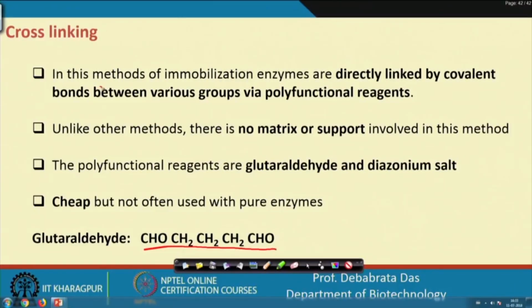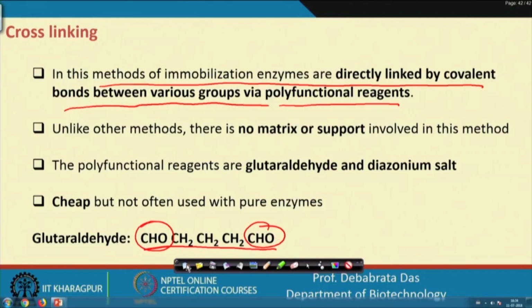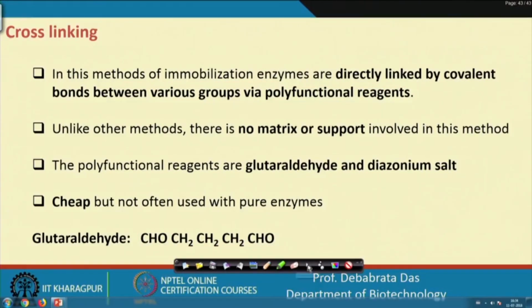In this method, the immobilized enzyme is directly linked with covalent bonds between the various groups and a polyfunctional reagent. Glutaraldehyde has two aldehyde functional groups, so one amino acid is held on one side and another amino acid on the other side. This is how the cross-linking takes place.